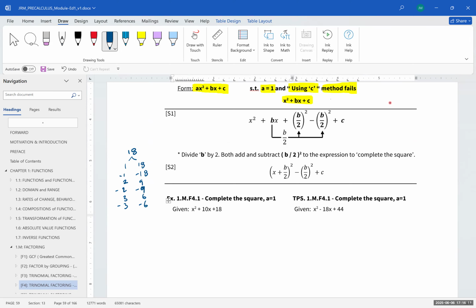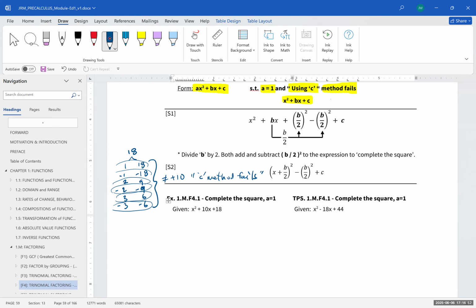But you can see there's no combination of adding these together that is going to give us positive 10. So that's where the C method fails, and we have to use this completing the square method. It looks relatively simple and straightforward, and we should be able to use that previous method, but it just won't work.